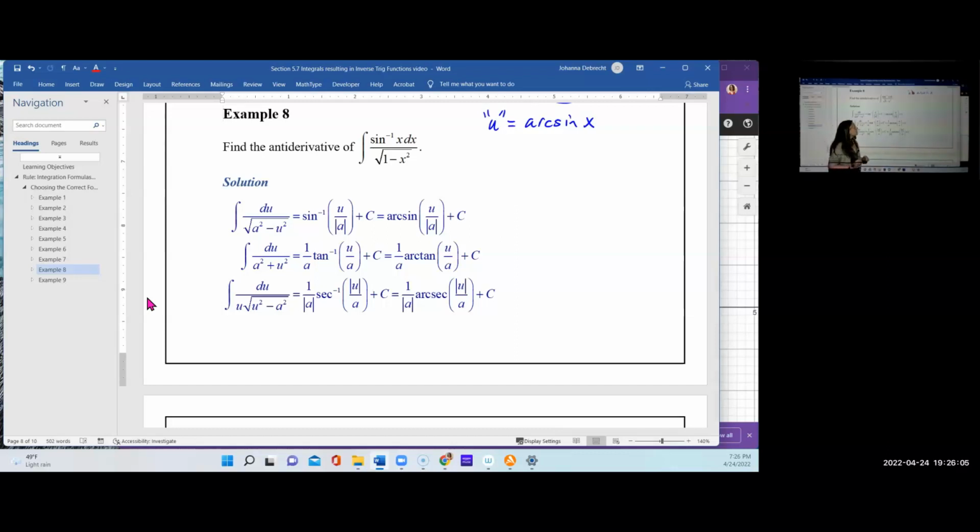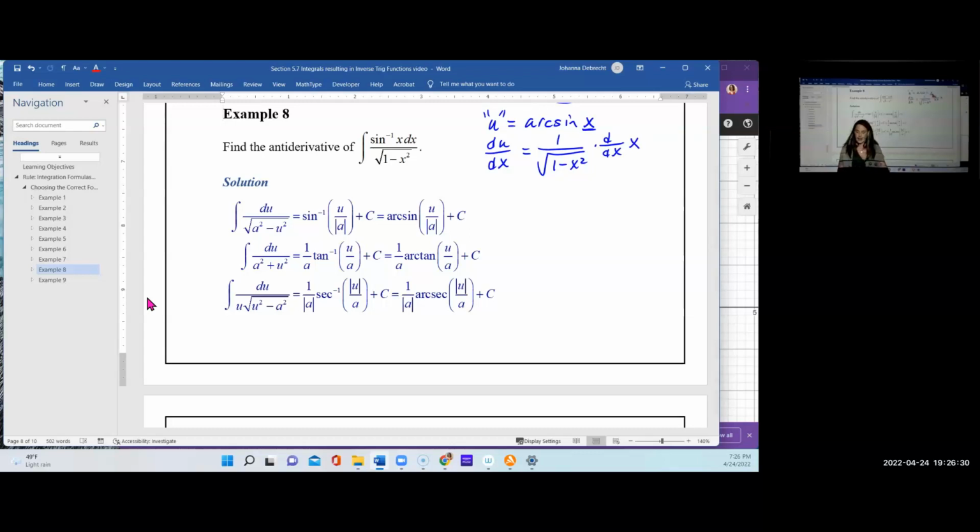U is arcsine of x. Well, I'm treating this as a u substitution problem. So I'm going to do the derivative of u with respect to x, which would be 1 over the radical of 1 minus x squared times the derivative with respect to x of x, the argument to the arcsine.